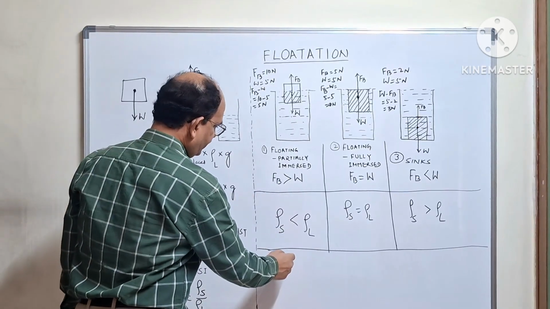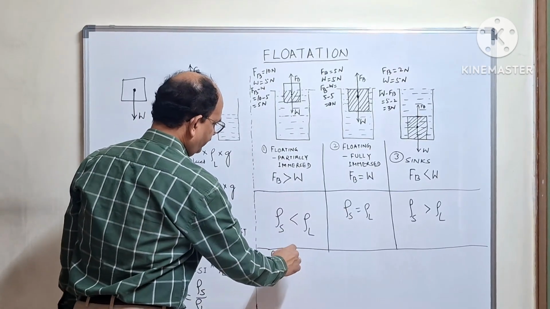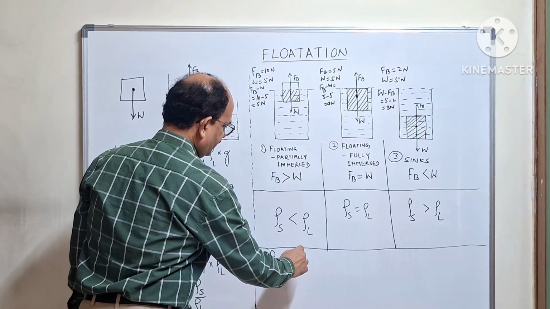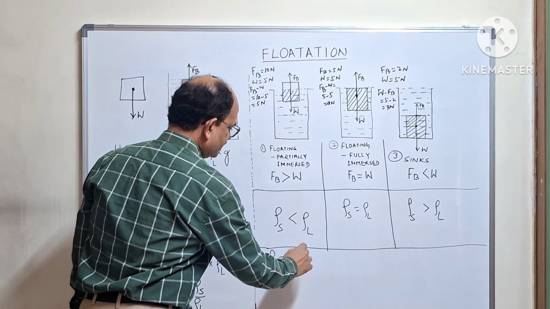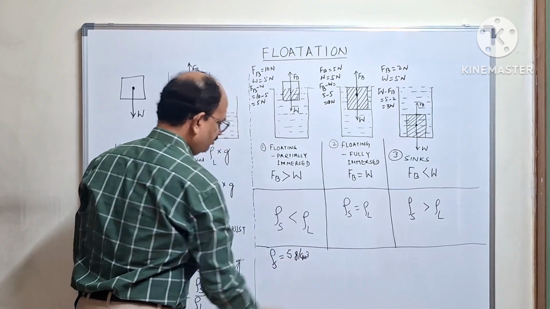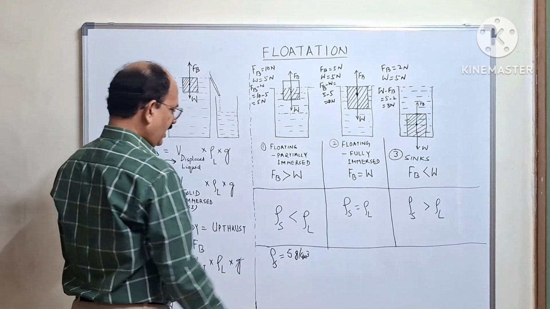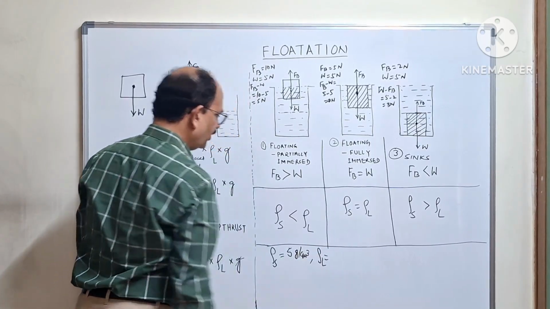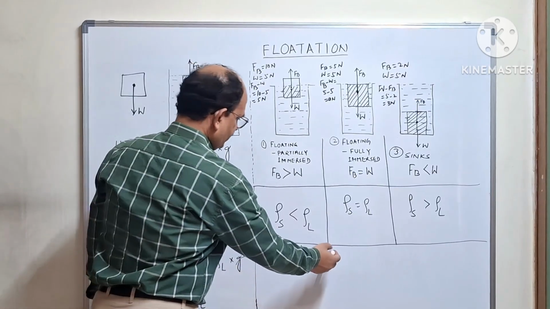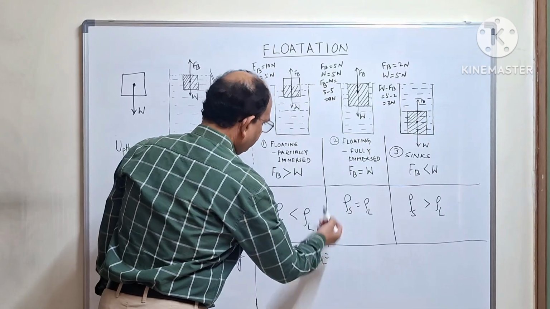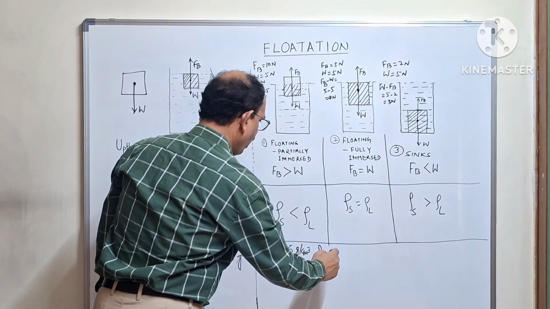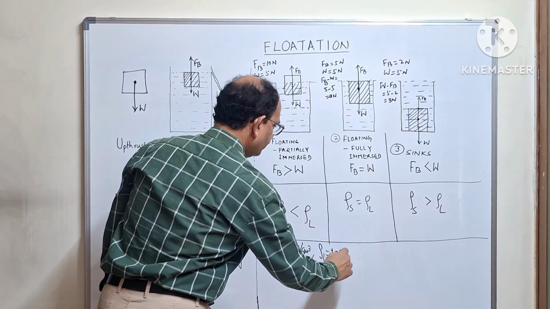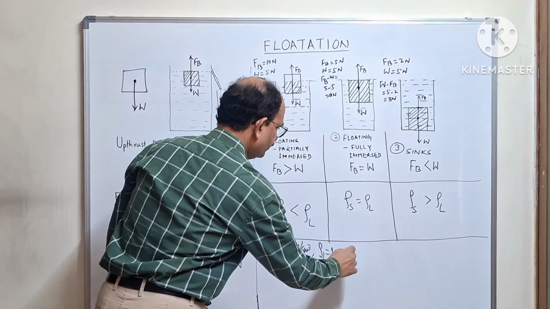Suppose rho of the solid is equal to maybe 5 gram per centimeter cube. And rho of the liquid is equal to, say, let's consider water itself. Okay, suppose 1 gram per centimeter cube.